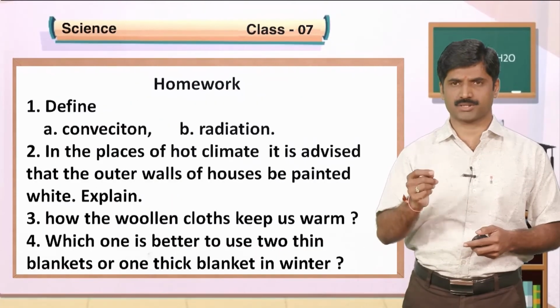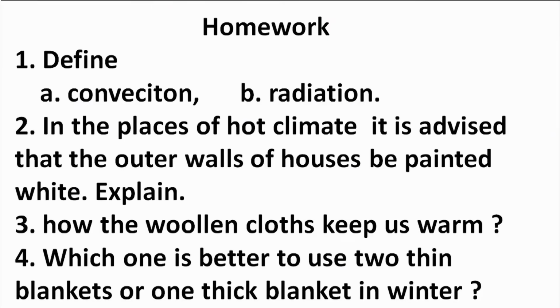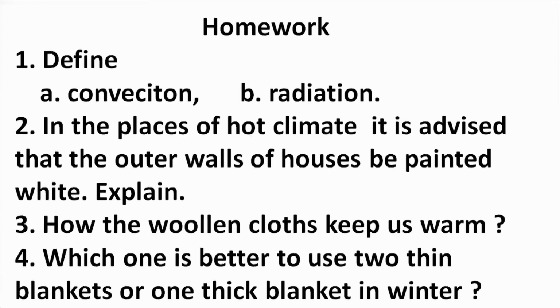I have some questions as homework for you. Define A, convection, B, radiation. Second question, in the places of hot climate, it is advised that the outer walls of the houses be painted white. Explain this one.